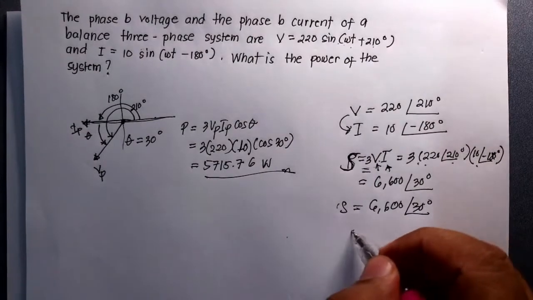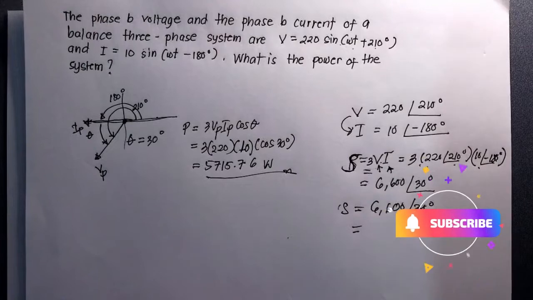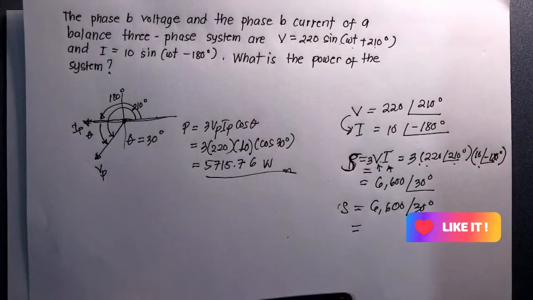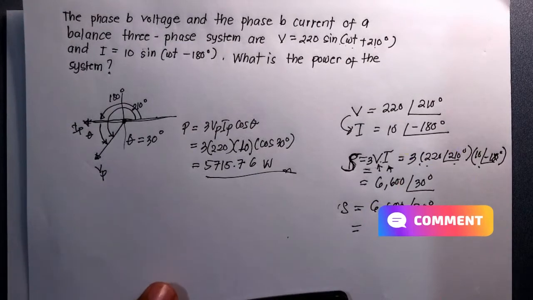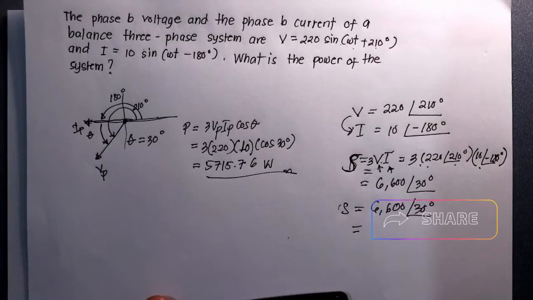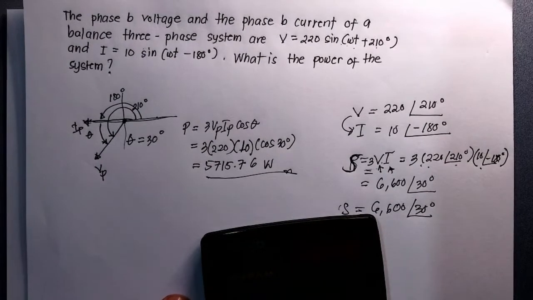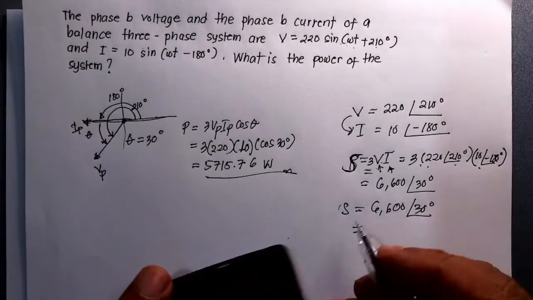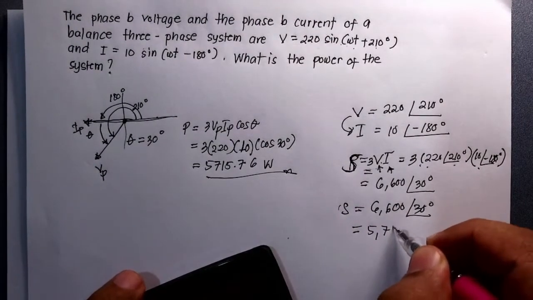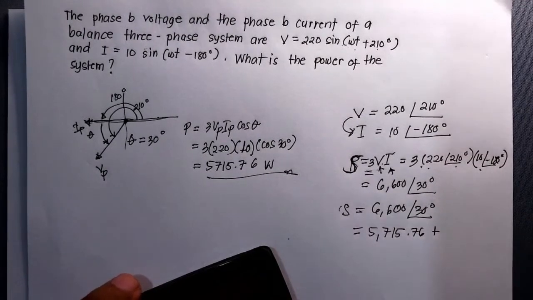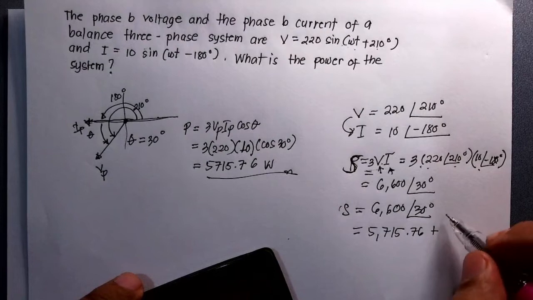Now, if we are going to get the rectangular value of 6,600 cis of 30 degrees, you'll have this rectangular value: 5,715.76 plus j3,300, which is our reactive power.